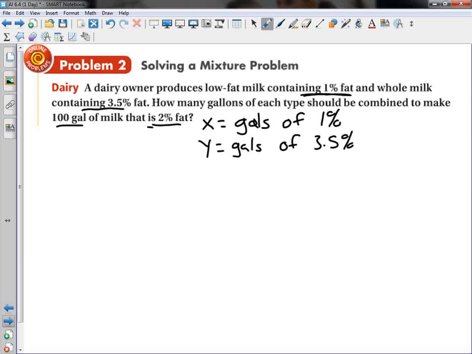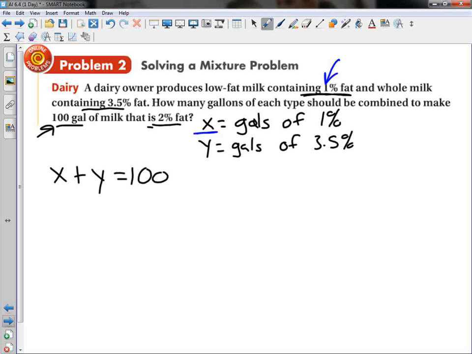Well, first off, on these mixing problems, we should have 2 equations. The first one's pretty easy. I'm just going to say, when I mix my gallons of 1% and my gallons of 3.5%, I should get 100 gallons. So that's the total, the sum of everything that's being added together. So that's the easy one. The next one is we're dealing with percents. And when we deal with percents, we have to do both the percent with the total amount of gallons.